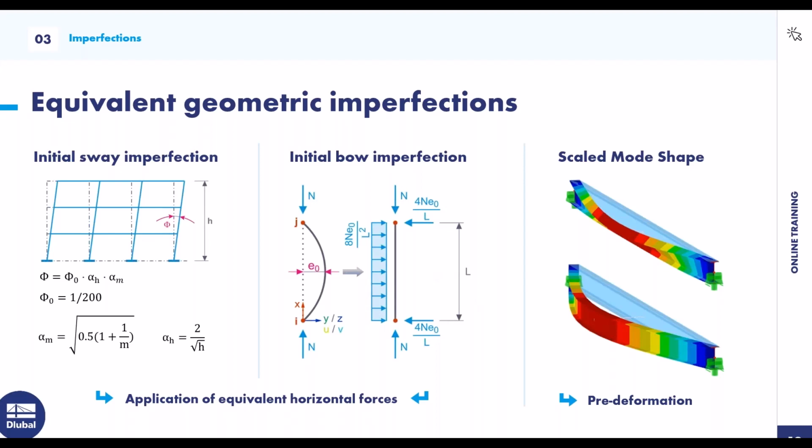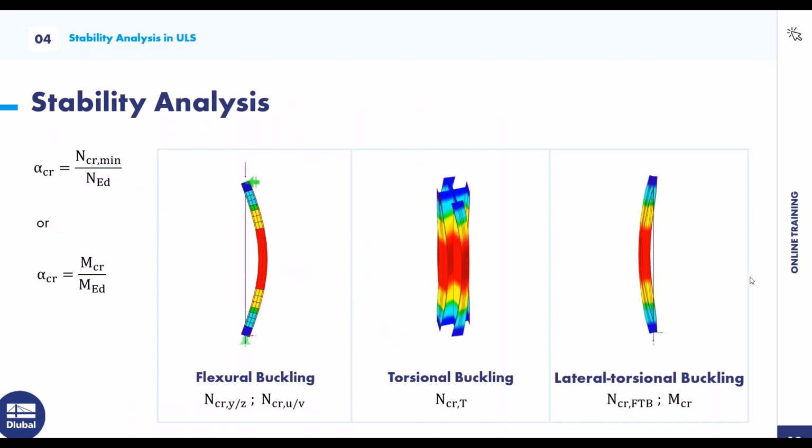These are the two possible variants of the equivalent geometric imperfections. Another alternative is pre-deformation, which can be calculated with the help of stability analysis. The respective governing eigenmode is scaled and applied as an imperfection. That's not so often used, but it's possible. What you often use is the initial sway imperfection or the initial bow imperfection, or both. You can see that in a later slide.